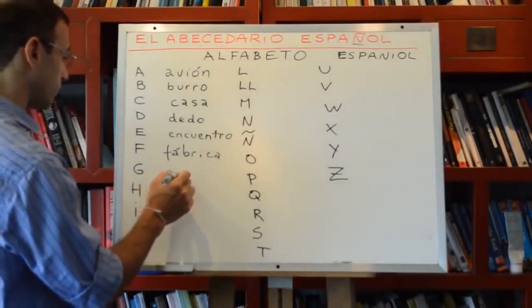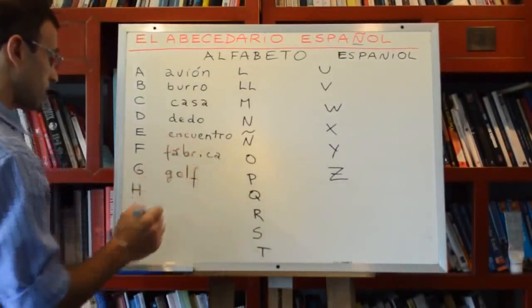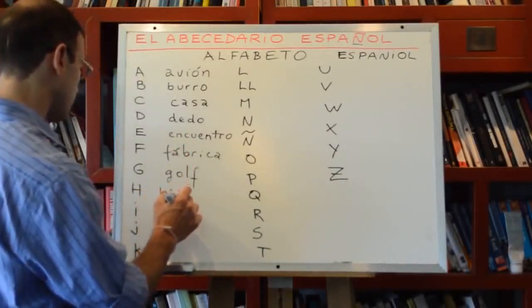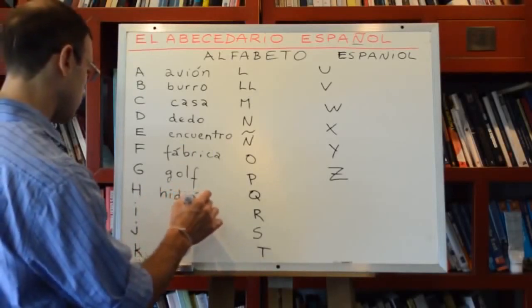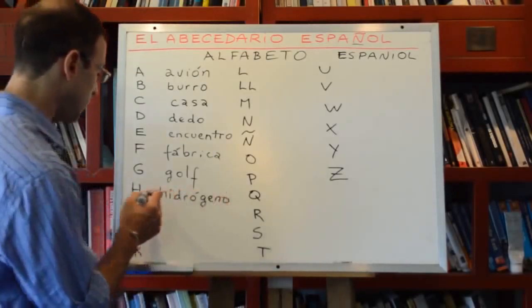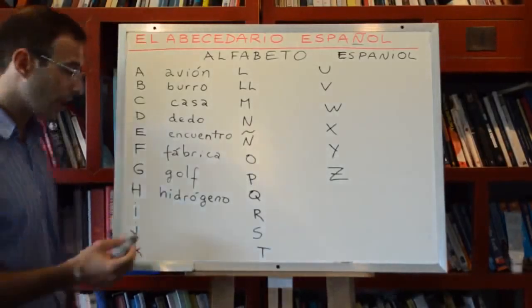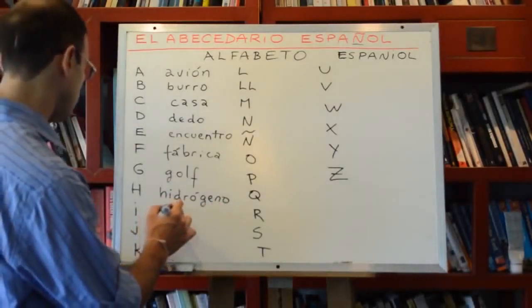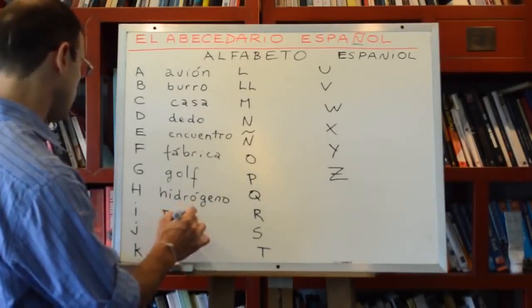Golf, for golf, of course. Hidrógeno, for hydrogen. You see how H is mute. India, for India.